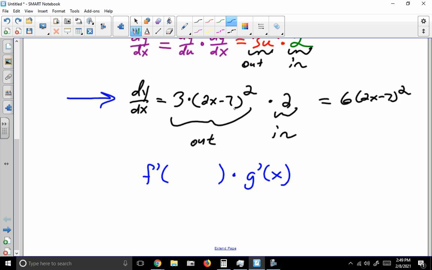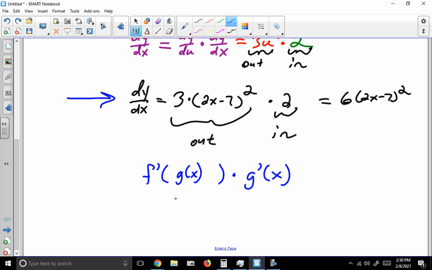But what about the 2x minus 7? Where did that come from? That is the inside function. So when we take the derivative of the outside function, we leave the inside piece as its input, and then we take the derivative of the inside function. So that's our derivative.